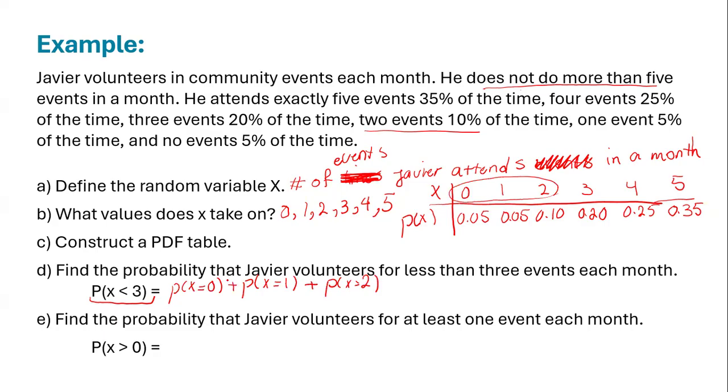Because x less than 3 means it's 0, or it's 1, or it's 2. And "or" means add. And the answer is 0.05 plus 0.05 plus 0.10, which is equal to 0.20.